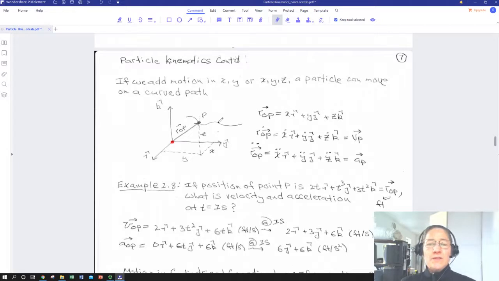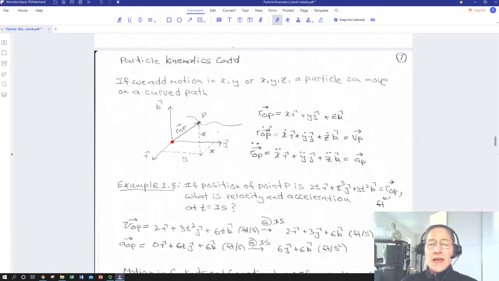So even though we may have some straight line motion in all three directions, we can consider each one separately, which we can when we look at our radius vector in terms of its components. So we can go back and invoke the idea that the derivative of a sum is the sum of the derivatives.